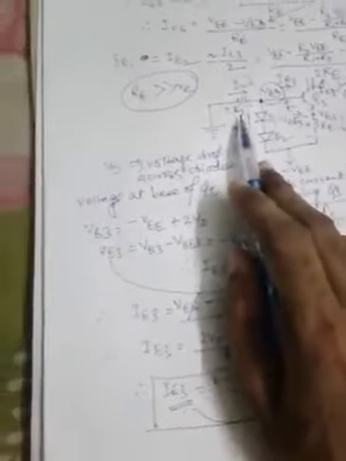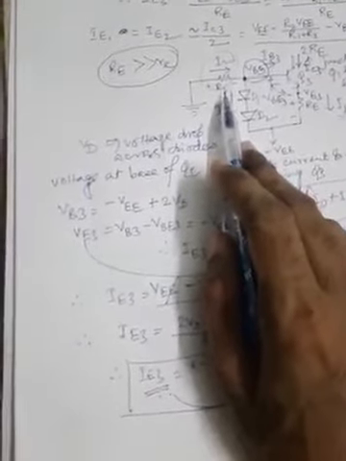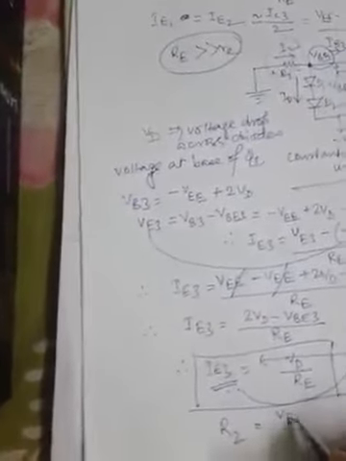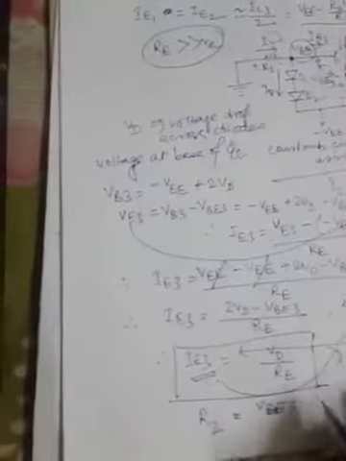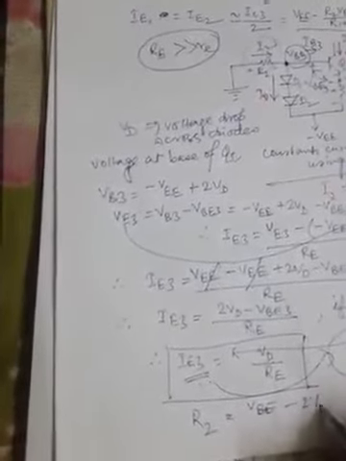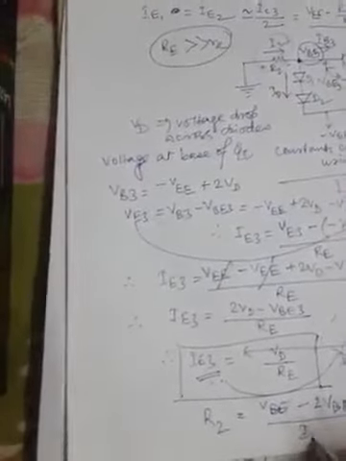Using this equation, R2 can be calculated as VEE minus 2 VBE divided by IE3.